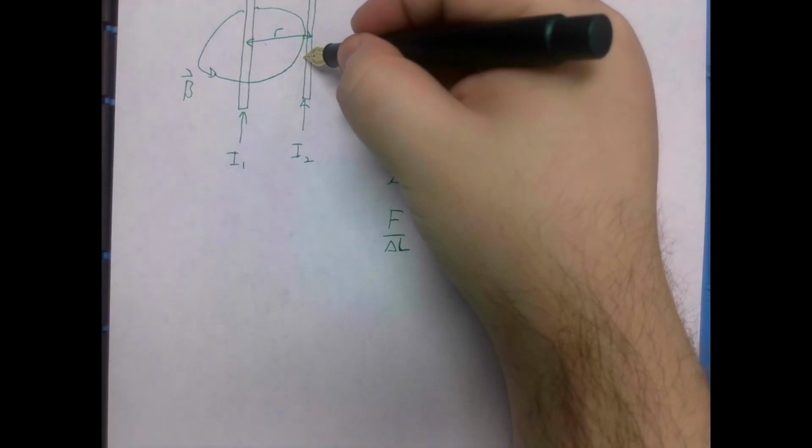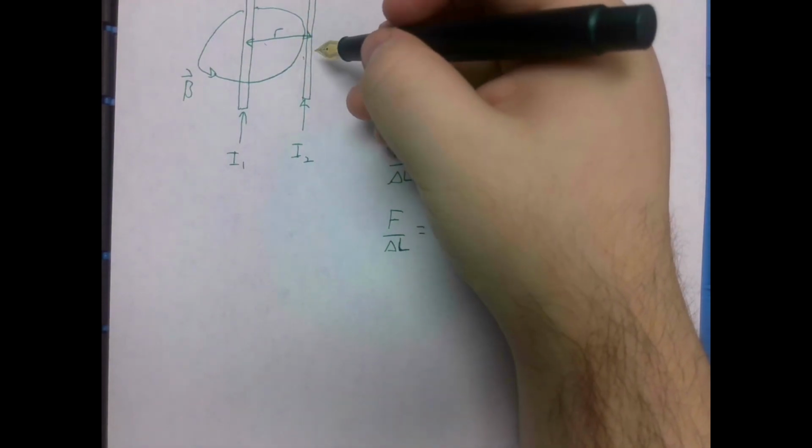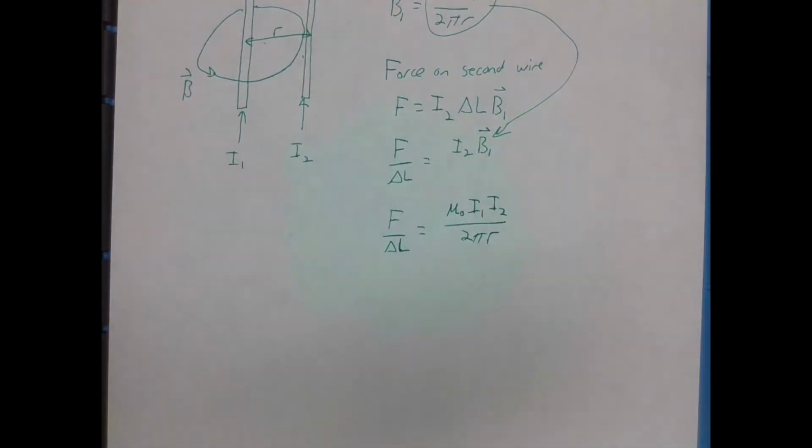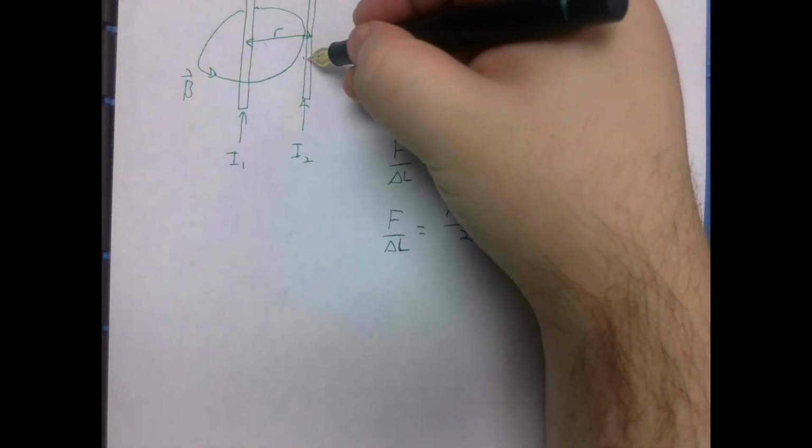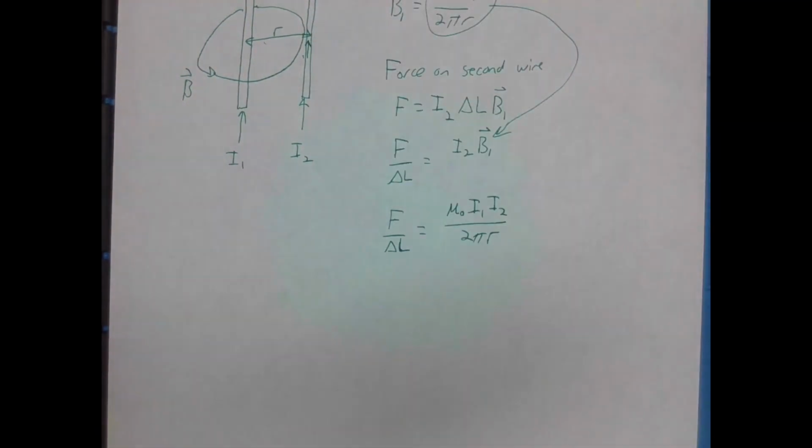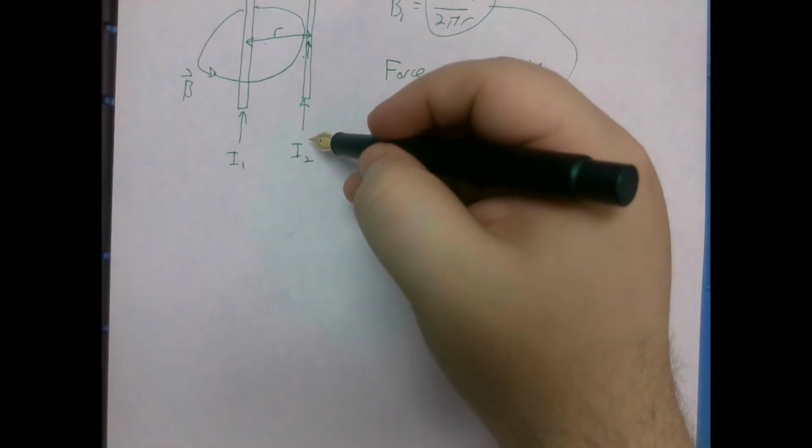By the way, if these currents are in the same direction, would it be an attractive force or a repelling force? So what direction are the charges moving in? It'd be moving north. We assume current is positive charges, by the way.